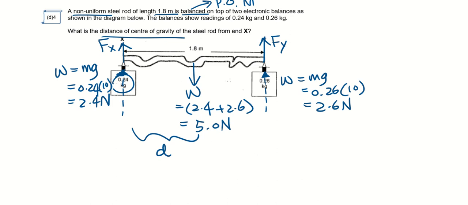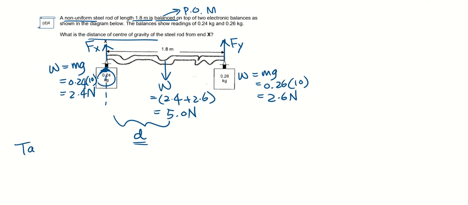If the pivot is assigned at Y, the perpendicular distance will be 0, meaning there will be no moment due to force Y. But since they want us to find the distance from the CG to X, which is this distance marked out by me, I will let the pivot be at X. So I will erase the pivot at Y. So take pivot at X. This is my first step.